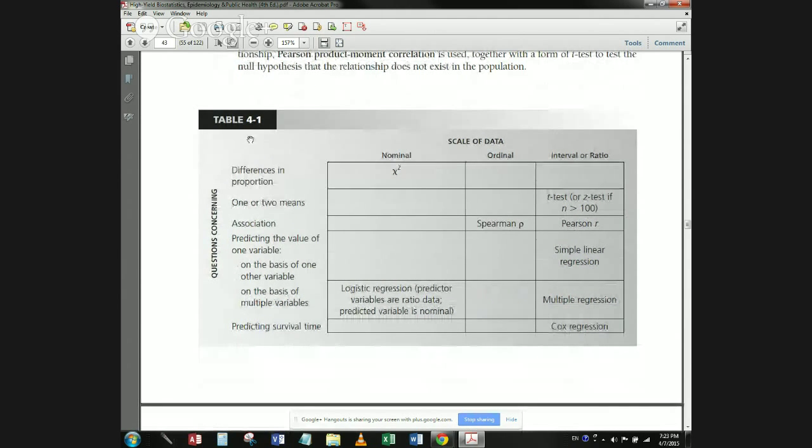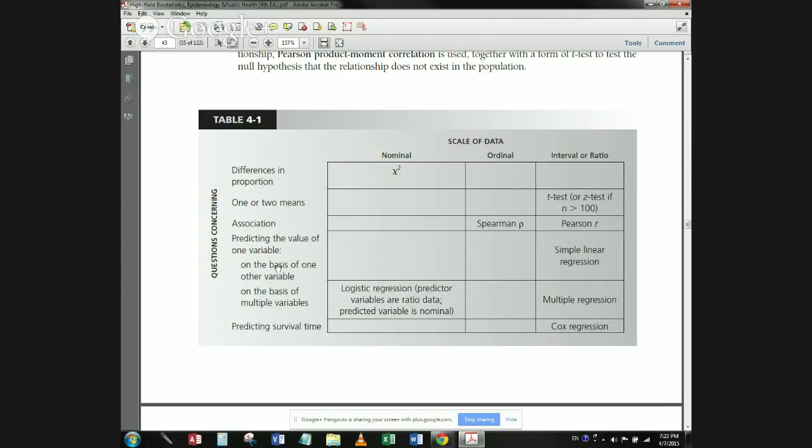So here we have Table 4.1. And here are the different questions that concern differences in proportion, which will be addressed using the chi-square test for nominal data. For one or two means, we would use a t-test or z-test if n is greater than 100. For association, you use the Spearman rho or Pearson r.